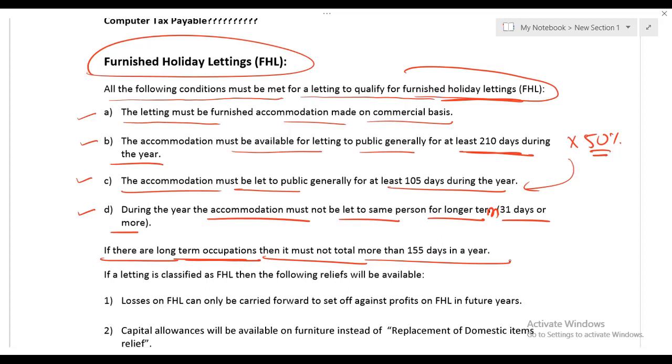And then you are saying if there are long-term occupations, the total should not exceed 155. So what is the connection between 155 and 31? Let me clear this up. What does 155 mean?